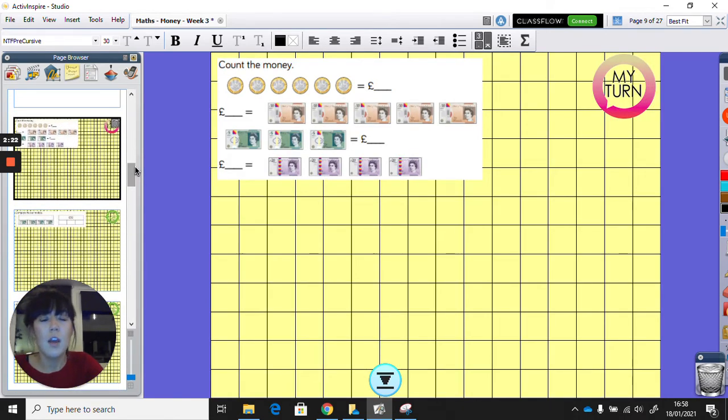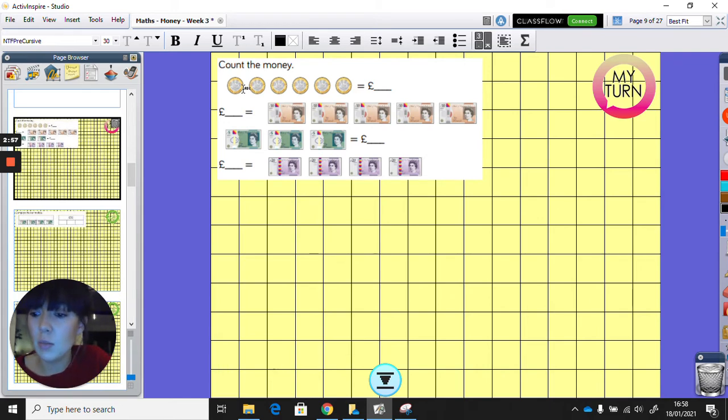First of all, it's going to be my turn. You can sit back and I'll show you how I would answer this question. There are lots of different ways, but I'll show you how I'm going to do it, okay? At first, this is our pound coin. We should have come across pound coins before, and if we haven't, then you can just remember that this is a pound coin. They've got a little silver circle in the middle, gold circle around the edge, and they say £1 at the bottom.